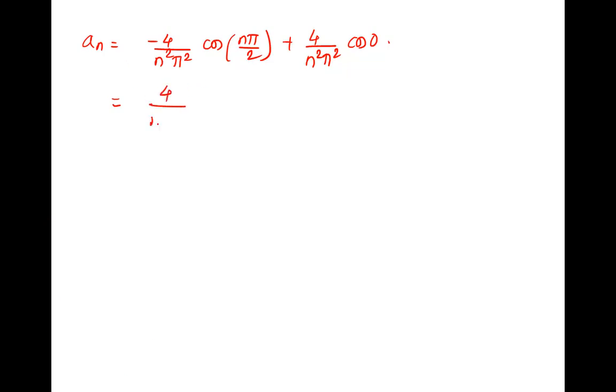Common thing is 4 upon n square pi square, take it out. Here it is cos 0, which means 1. Here it is minus cos n pi by 2. If you don't know the perfect value, write it as it is. Done. An.